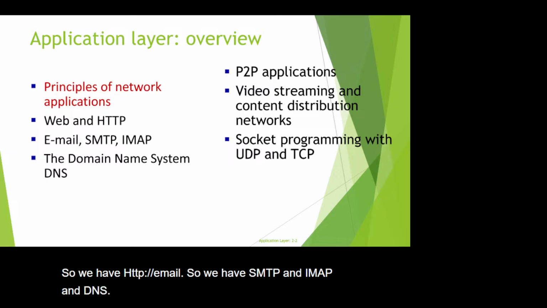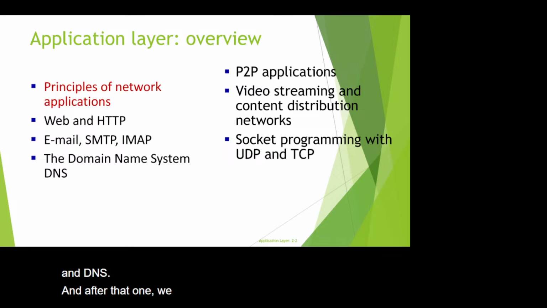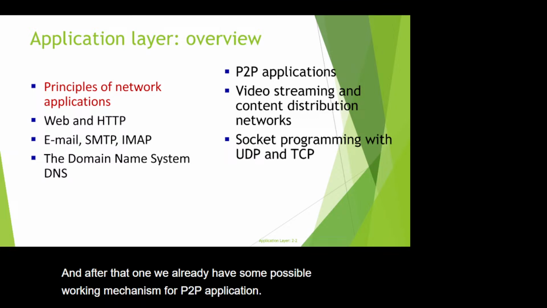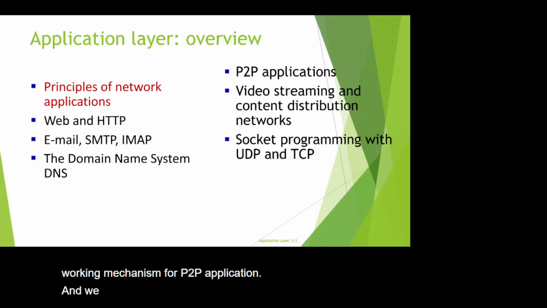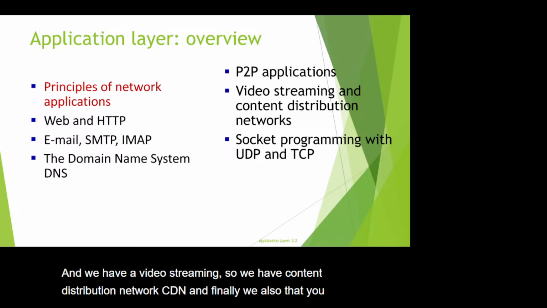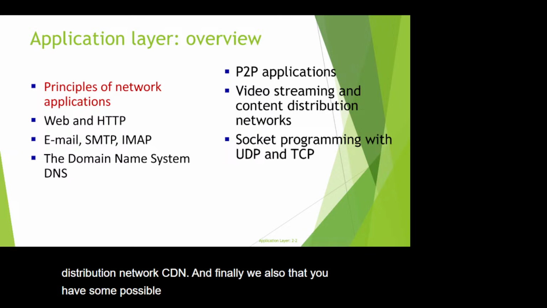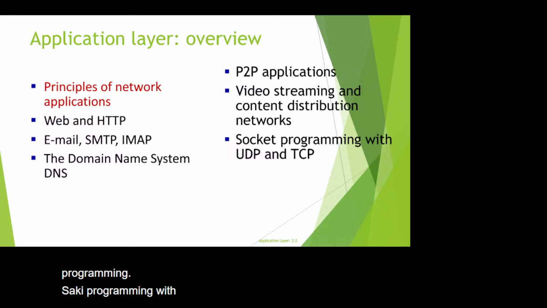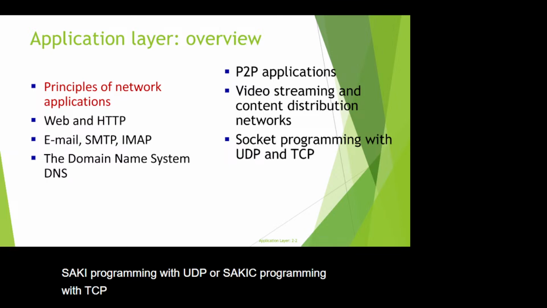And after that, we have some possible working mechanisms for P2P applications. And we have video streaming. So we have content distribution network, CDN. And finally, we also have some simple examples of socket programming. Socket programming with UDP or socket programming with TCP.